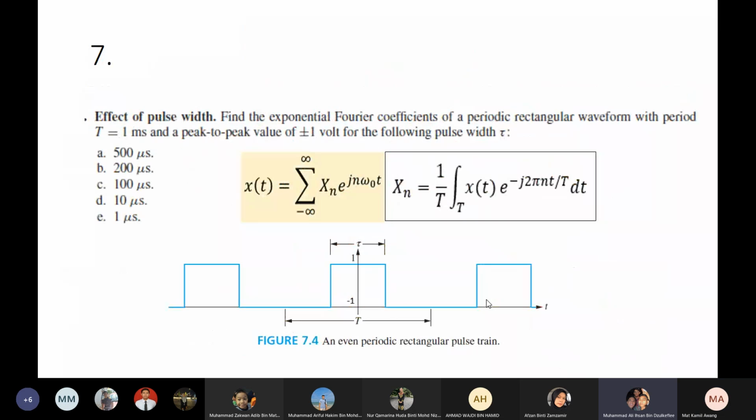This is the last one. This one you need to find the exponential Fourier coefficient of a periodic rectangular waveform with a period of T equal to 1 millisecond, with a peak of plus minus 1 volt, for the following pulse widths, where tau value is given.